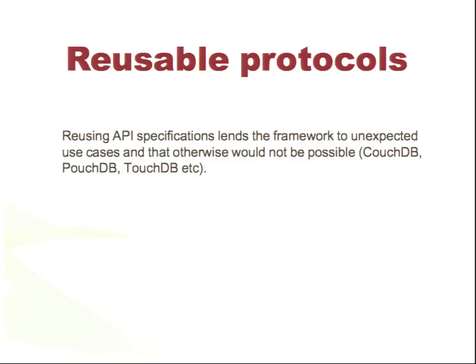There's also TouchDB, which is compatible with this API specification as well. TouchDB is a local database for smartphones. So they can communicate with this same API that we're providing. It's the same specification that we're exposing our Drupal entities through. So that's quite exciting.